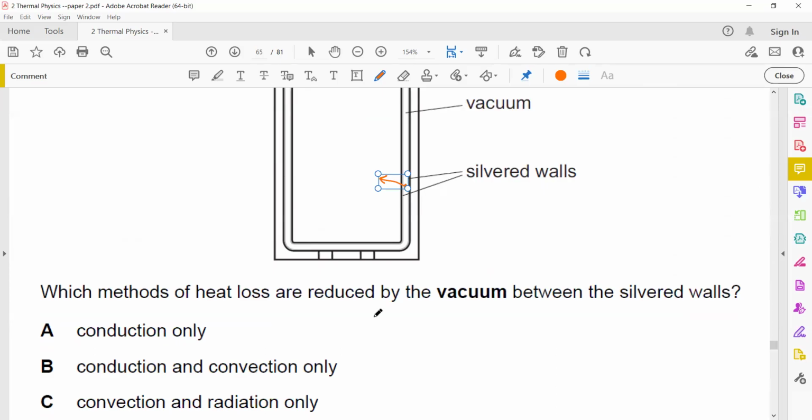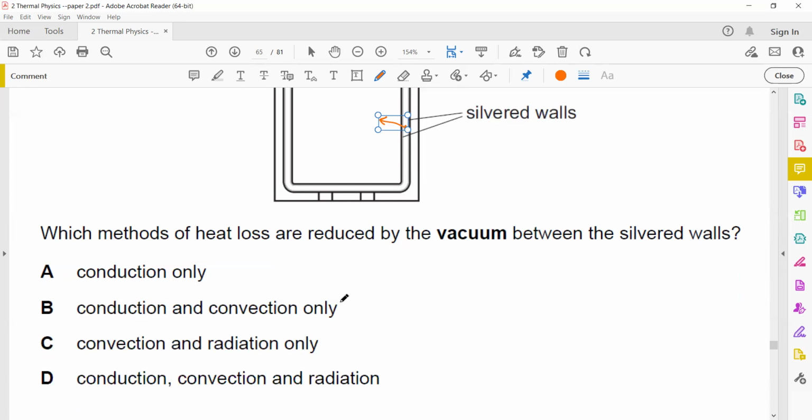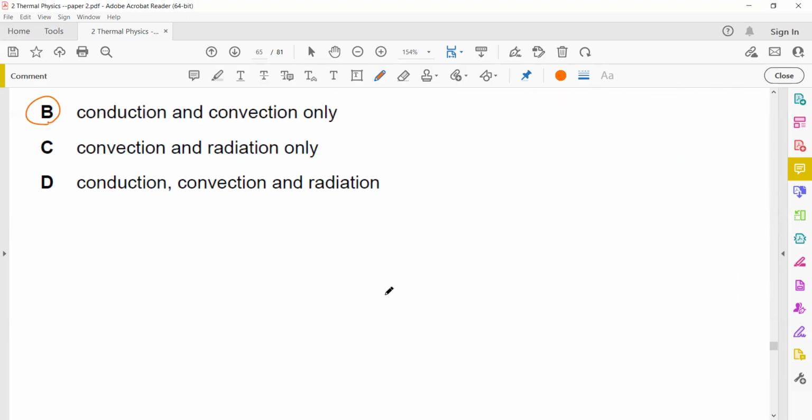So the heat loss reduced by the vacuum is by convection and conduction. The vacuum can reduce conduction because the two silver walls are not in contact with each other, and also convection because there is no air between them. So conduction and convection are prevented by the vacuum.